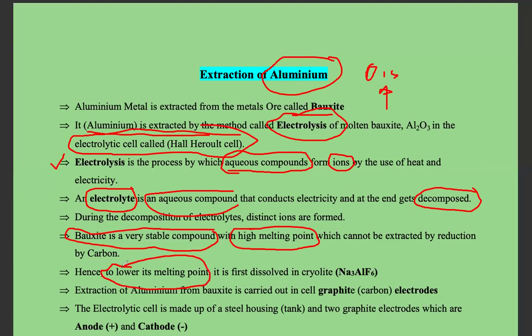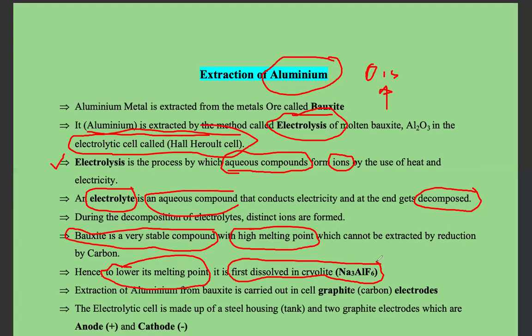Because aluminium oxide forms a very stable compound which does not fully decompose on heating, when we are decomposing it by electrolysis we lower its melting point by dissolving it in a compound called cryolite.